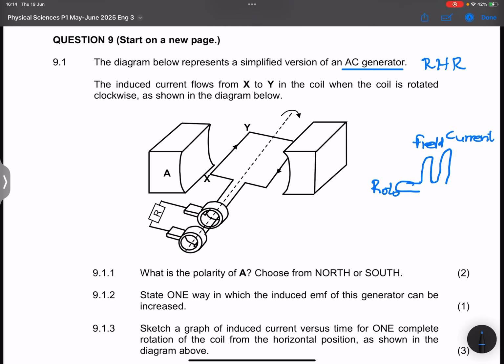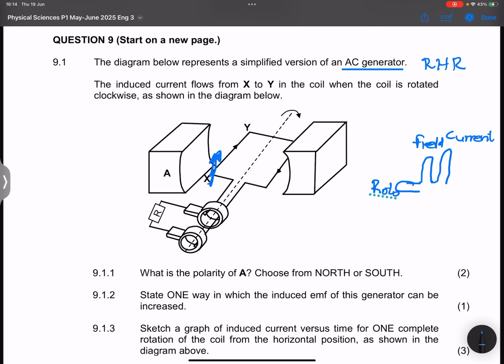Now I'm going to focus on this side here. Now if we are rotating this clockwise, firstly, it means that on this XY, the direction of rotation is upwards, right? It's going up on this side. So you're going to take your thumb and place it upwards.